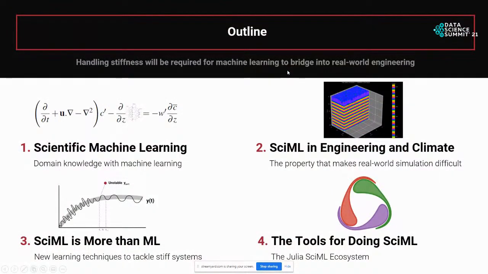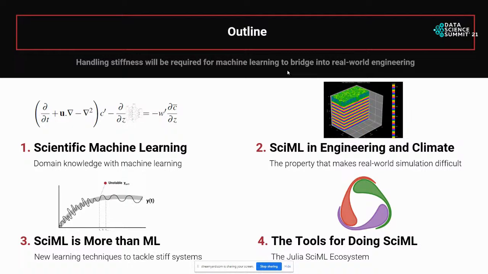The general outline is that I'm going to introduce scientific machine learning, and then dig into a few applications. I'm going to specifically look into battery engineering and climate scenarios, though there are a lot of others that we could talk about. After explaining those applications, I'm going to describe, not going too deep, how scientific machine learning is a bit more than machine learning.